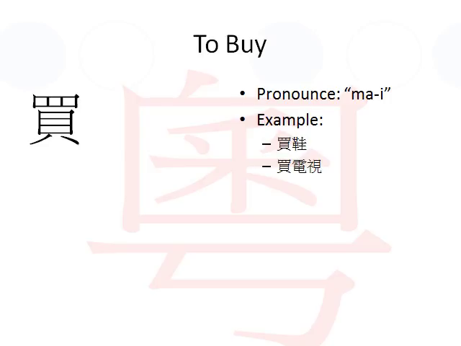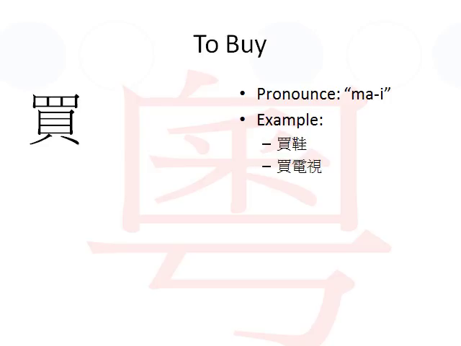As you see on the English alphabet representation on the right hand side, we would like you to pronounce MA first, which is ma, and then followed with the sound of I, which is E. If we pronounce it slowly, it is ma-i, ma-i.